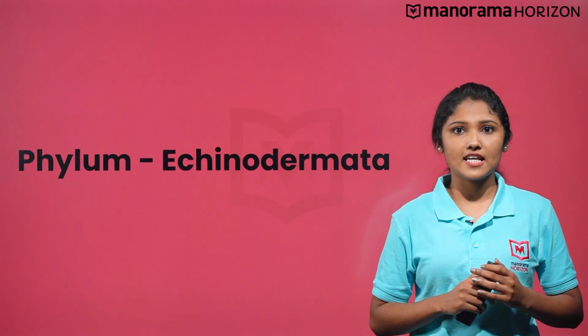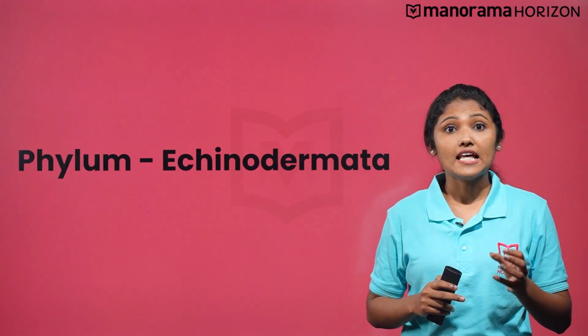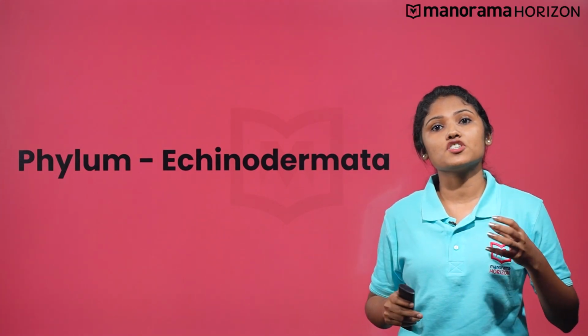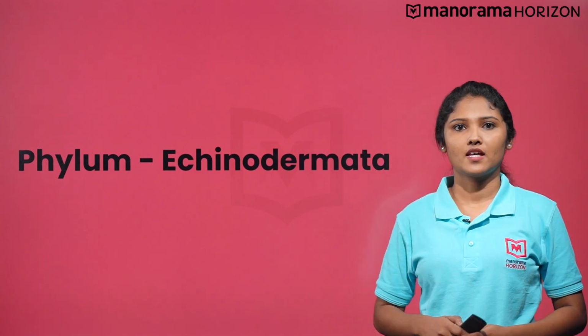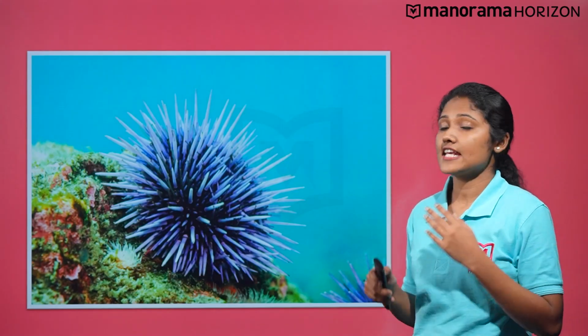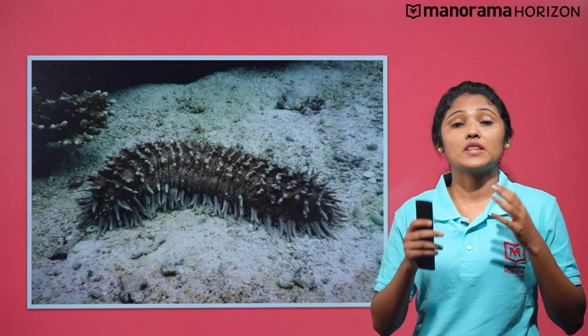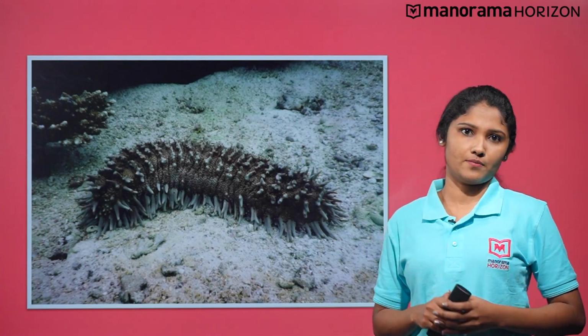In larval stages, they are bilaterally symmetrical, while in adults, the symmetry changes to a radial one. The members of this phylum, like starfish, sea urchins, and sea cucumber, are triploblastic coelomates with a complete digestive system.